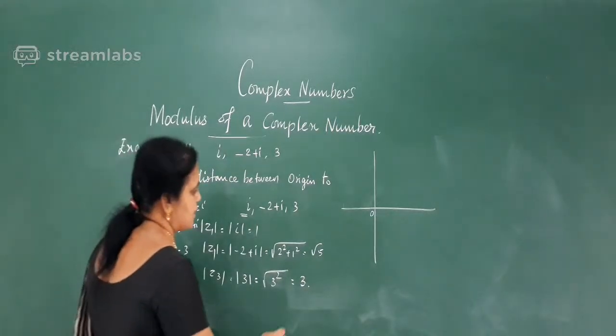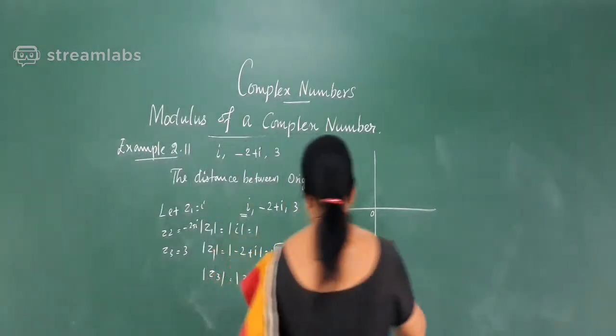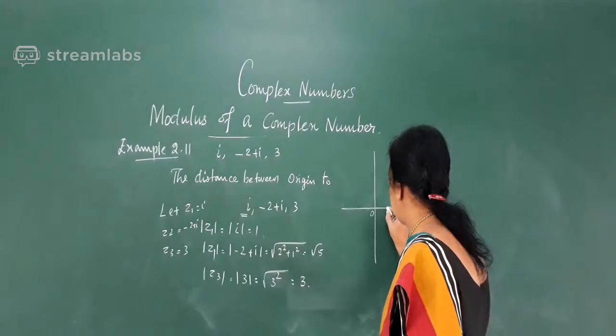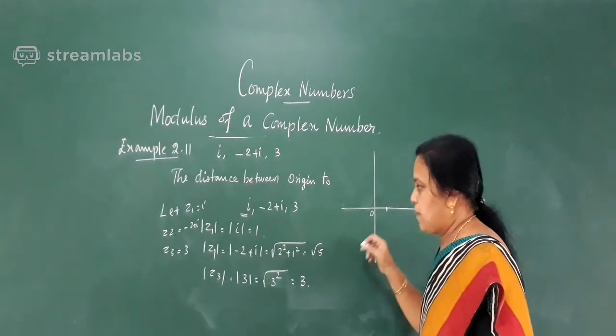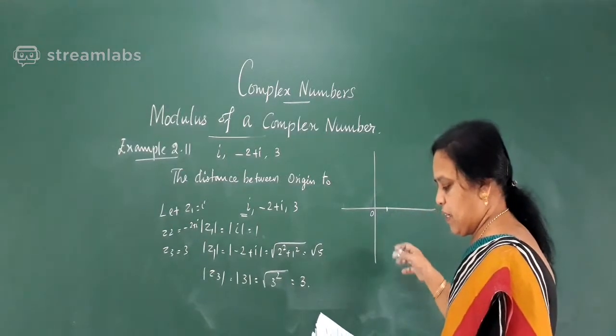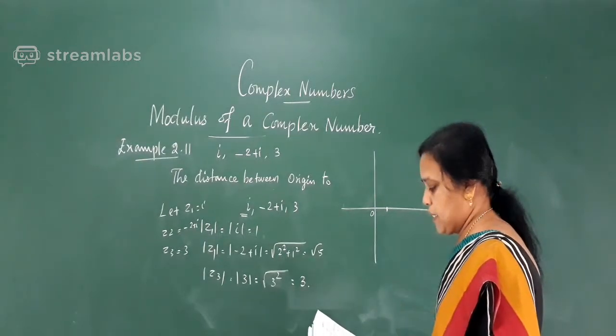So we can write, see what is this? 1 means where we will get, 1 is on the x axis. There is no y axis, so here it will come, isn't it? Then root 5 will come somewhere here. There is no imaginary part.